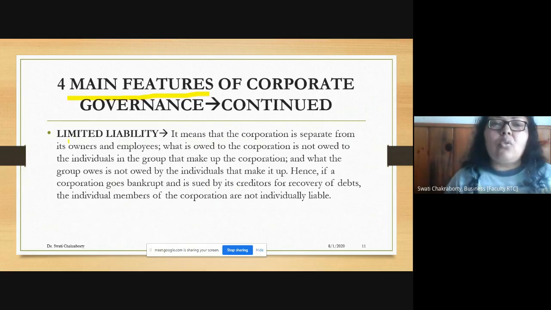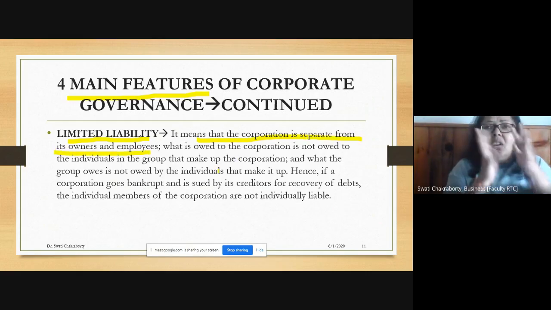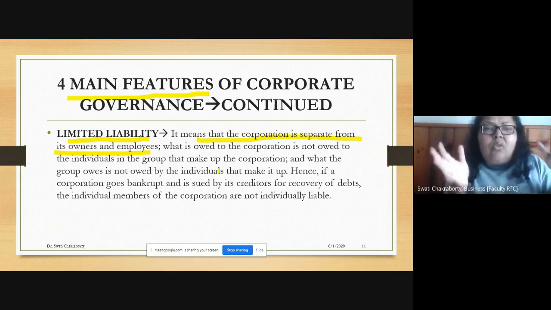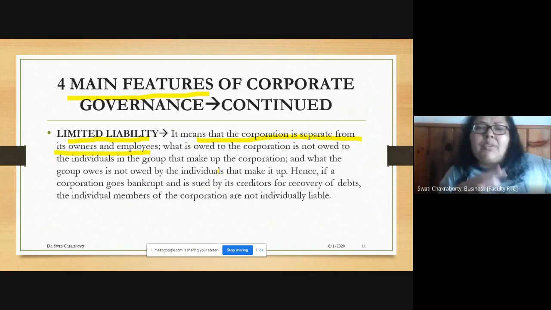Now let's go into details of these four main features. First comes limited liability. Limited liability means that the corporation is separate from its owners and employees. The corporation is the business as a whole, totally separate from the owners and its employees.